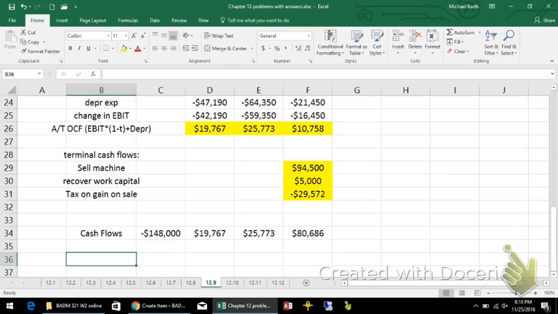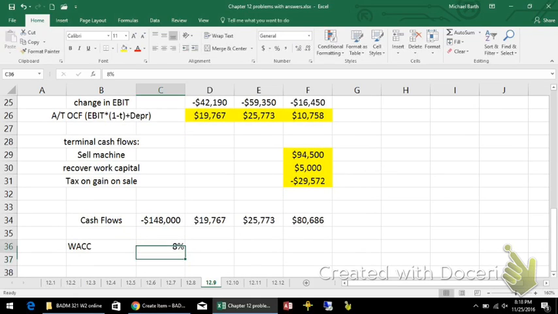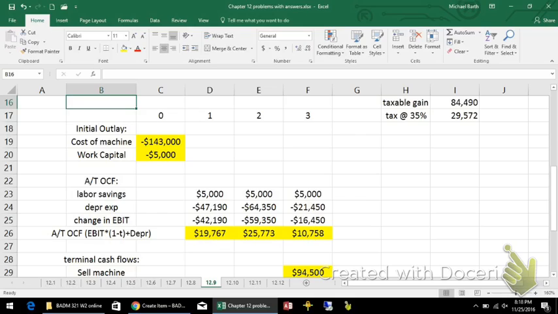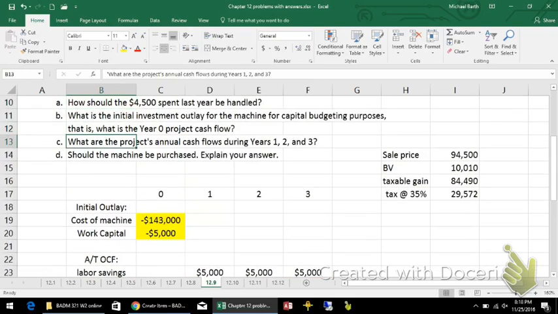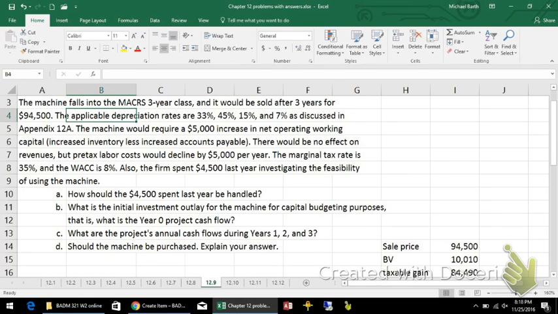Alright, so the weighted average cost of capital is 8% given in this problem. We get this from the stem of the question.